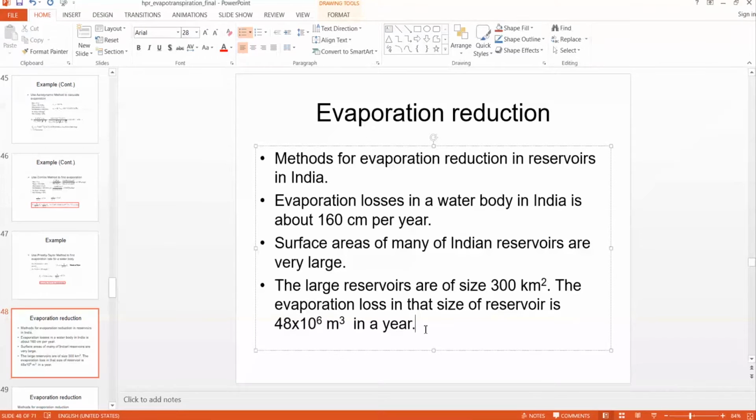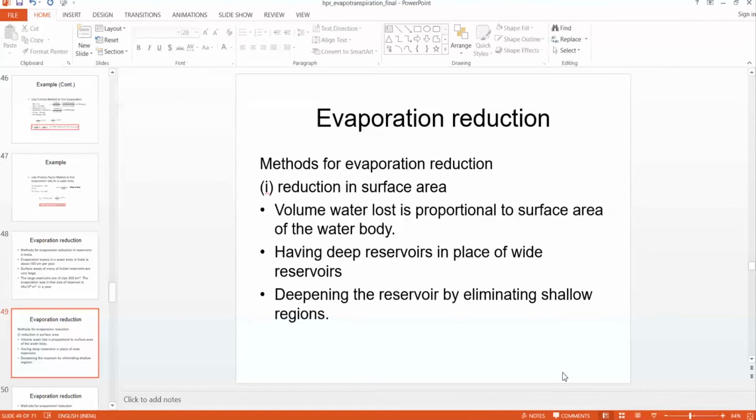Therefore there are a few investigations to reduce the evaporation losses, so that we can use that water for irrigation or power generation, etc. So there are some methods developed for reducing evaporation.